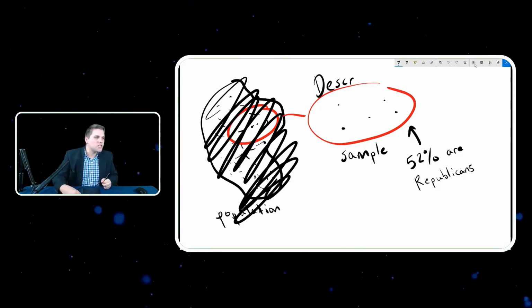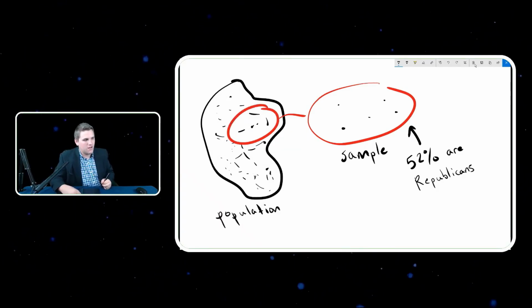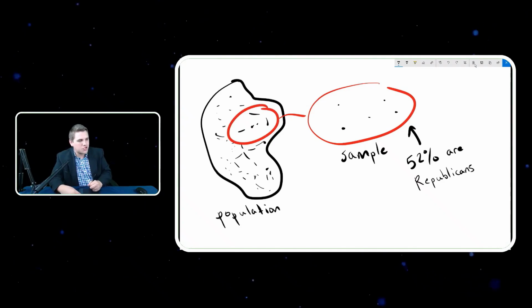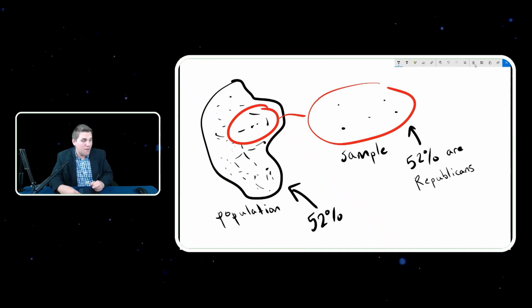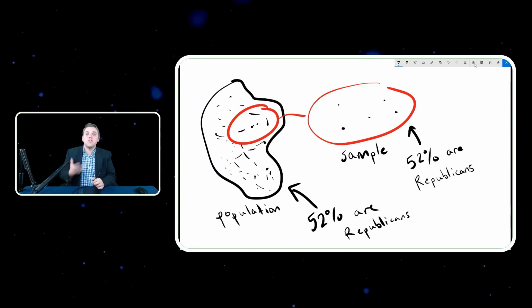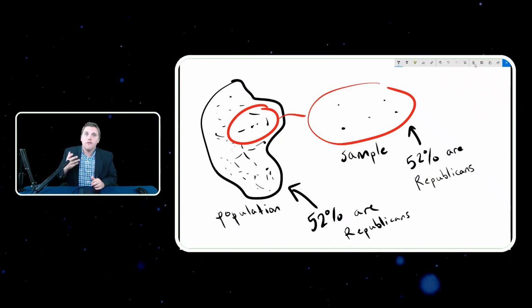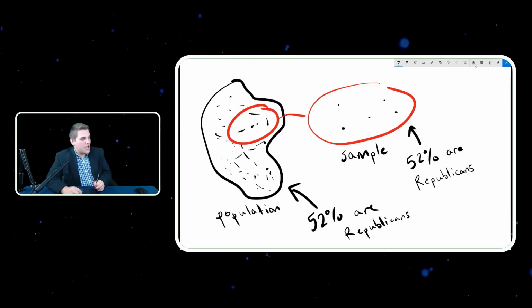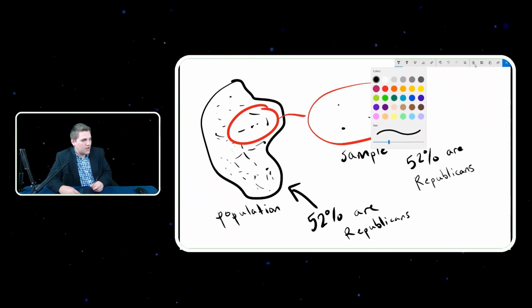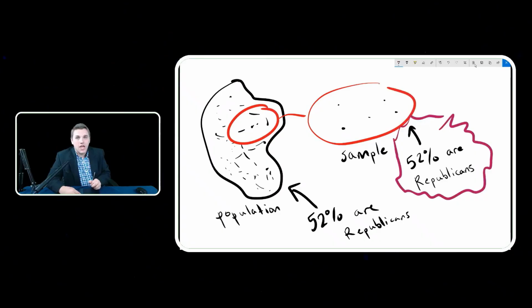Now, if we were interested in talking about this group, we might say something like, 52% of this population are Republicans. In this case, the 52% is represented as an inferential statistic, simply because we're making an inference from that statistic. We're assuming that this 52% can project onto the population there.